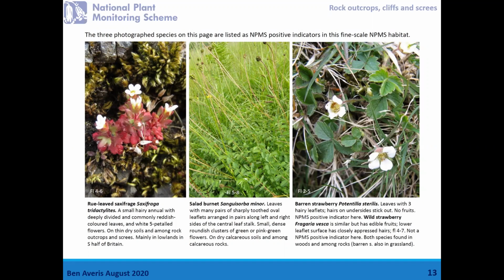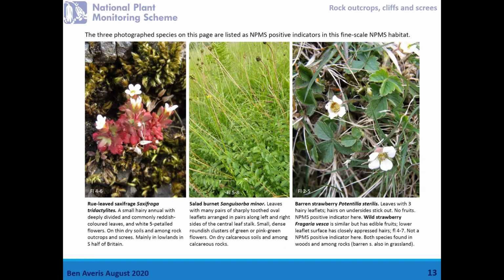Those two strawberry things on the right, well, I've only illustrated one, that's the barren strawberry, but we also have to bear in mind the wild strawberry, Fragaria vesca, which is the one that has the fruits. The barren strawberry doesn't. If you find stuff with these three leaflets with little teeth along the edge, and there aren't any fruits, it could be either species, and the best way to tell them apart is to look on the underside of the leaf.